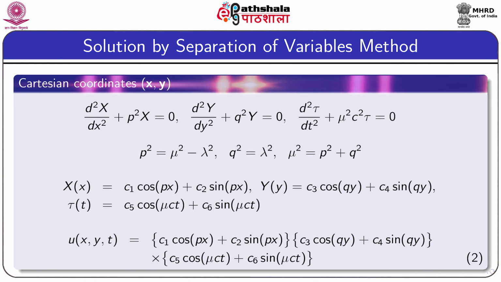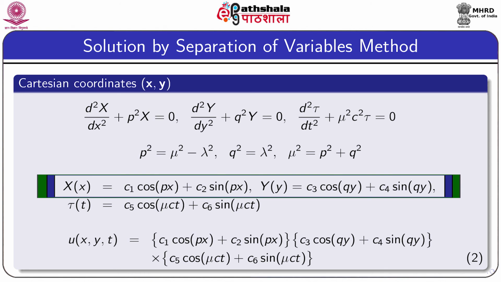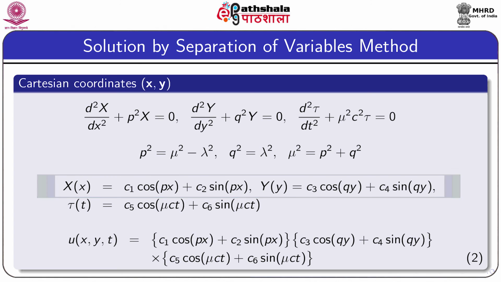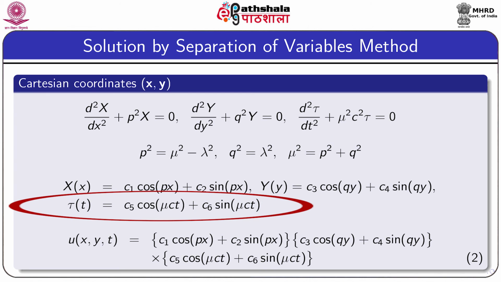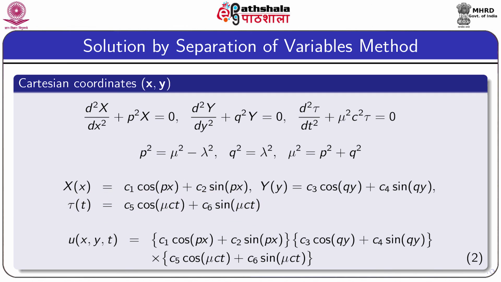Now, the equations for X, Y and tau can be solved easily, and the solutions are: capital X equals C1 cos px plus C2 sin px, the solution for Y is Y equals C3 cos qy plus C4 sin qy, and the solution for tau is tau equals C5 cos mu ct plus C6 sin mu ct, where C1, C2, C3, C4, C5, C6 are arbitrary constants, and they are determined from the supplied initial and boundary conditions.